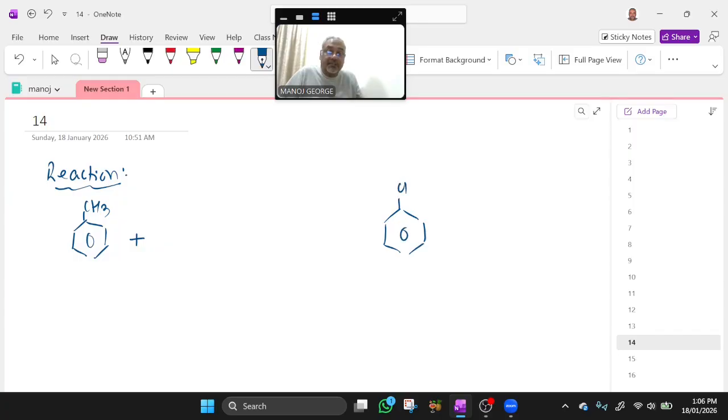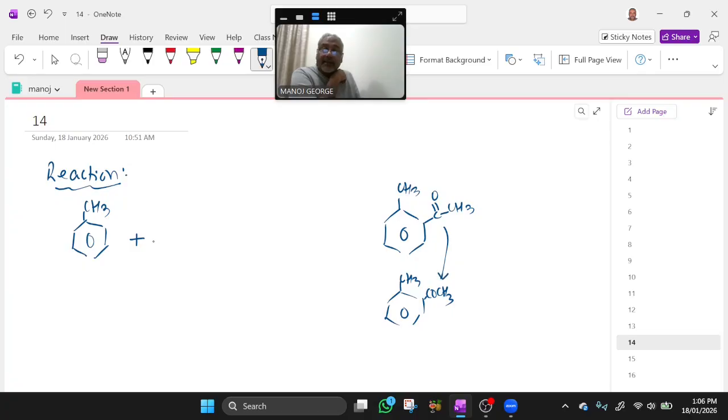I wanted to change this and you will get here COCH3. I'm just writing the displayed formula so that you know how the connection is being cut. It's COCH3. Normally you'll always find in the books this written as COCH3. I just wanted to open up the structure there for you.